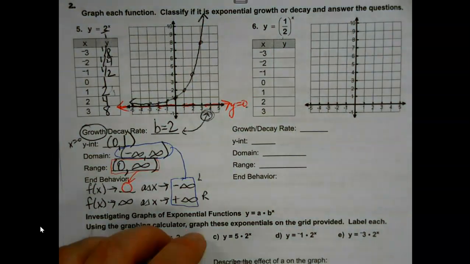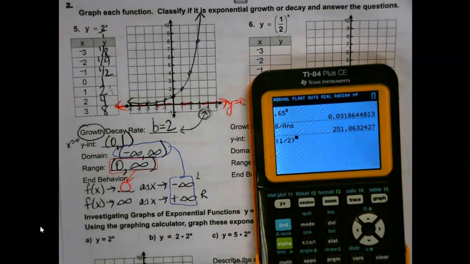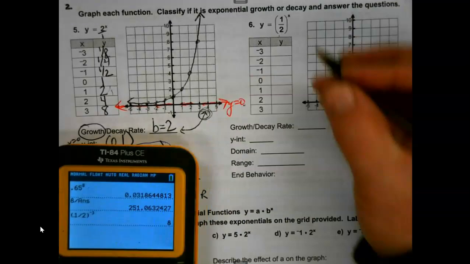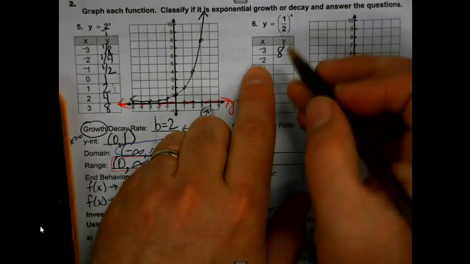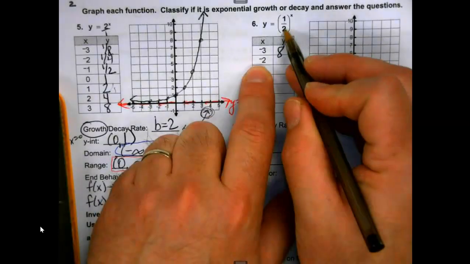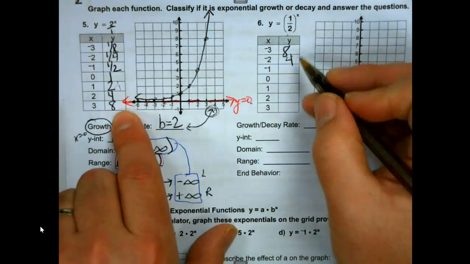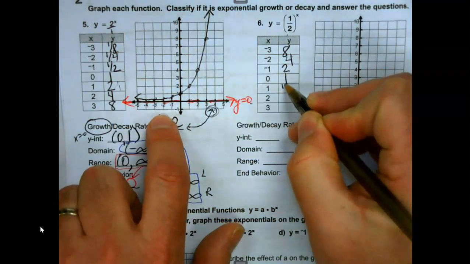So just to show you one thing, so you can see where I'm going here. If I do 1/2 to the -3rd, it's 8. Because I'm taking 2/1 and I'm flipping it, and I'm cubing it. If I flip 1/2, that's 2. 2 squared is 4. It's this entire chart just flipped over.